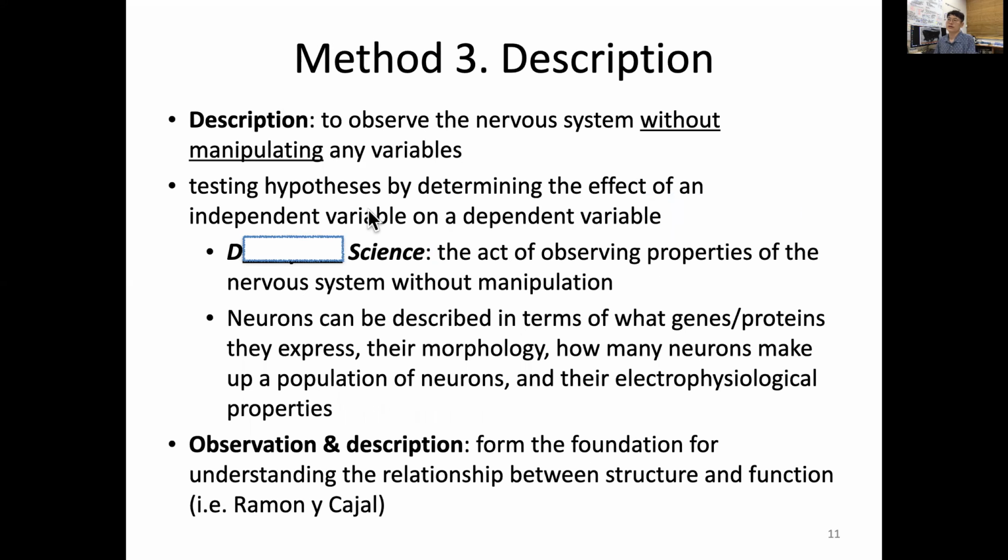Okay, the third is observing the nervous system without manipulating, keeping it intact. It's called description. We want to observe the properties of the nervous system without manipulation. We call this descriptive science.